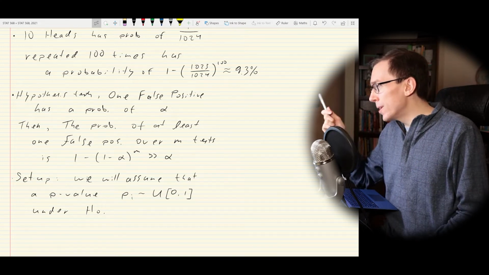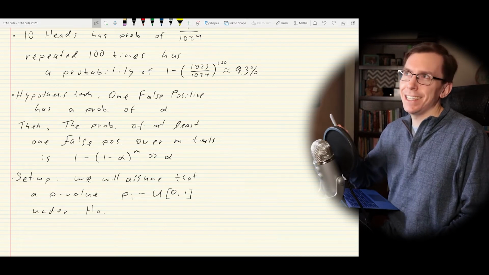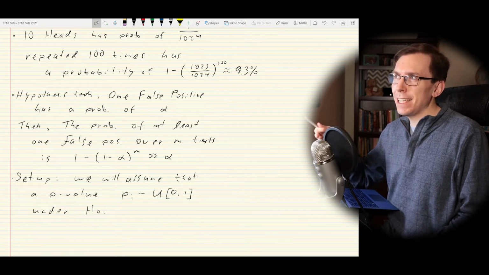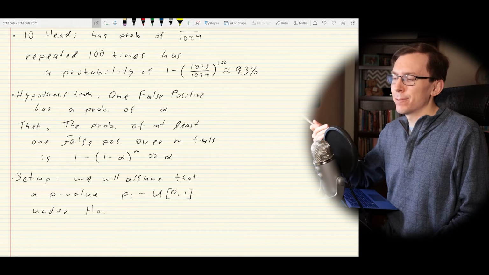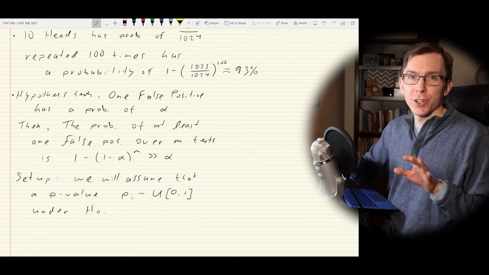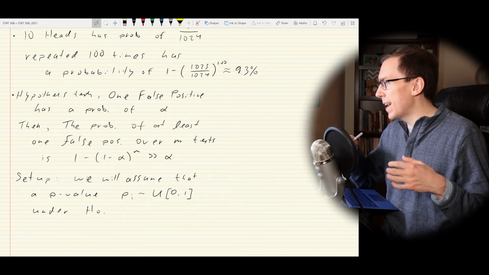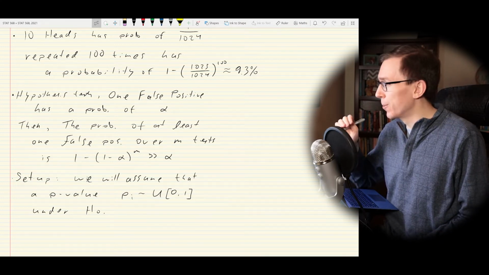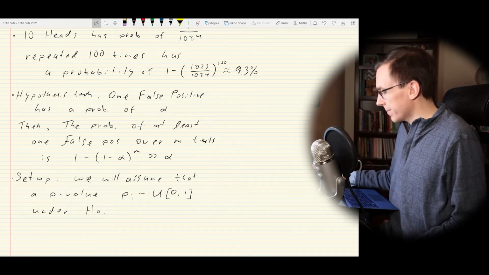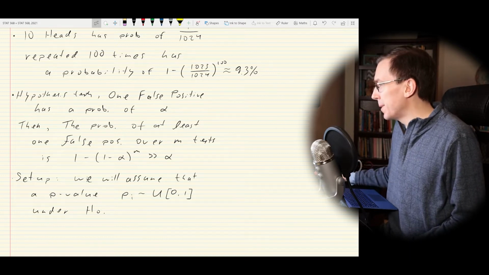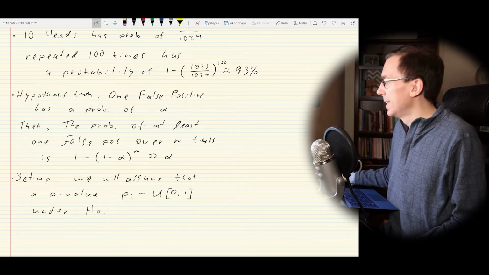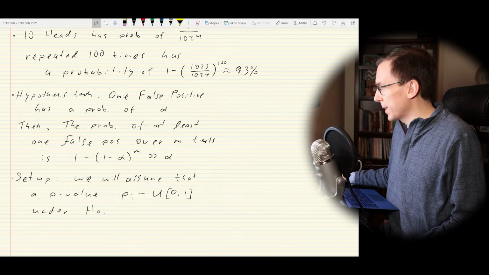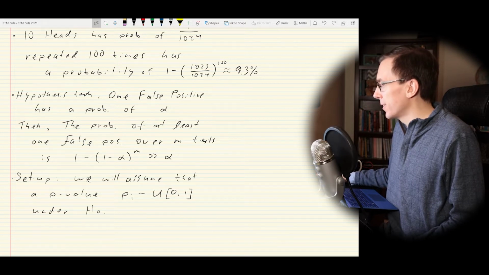Now, that's not always going to be the case. It's when you have, say, discretely observed data, but roughly we're just going to brush over that for now and say that our null p-values are all going to be uniform 0, 1. And of course, they all have to be within the interval 0 to 1 in general. But strictly speaking, the null p-value should look uniform on the interval 0 to 1.